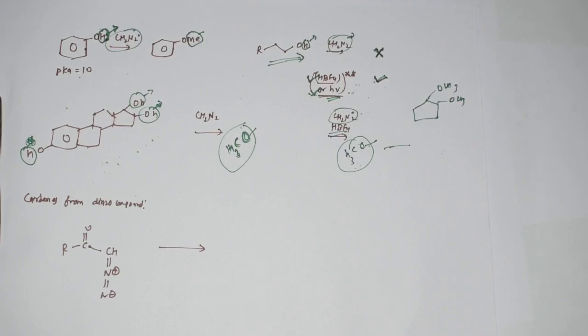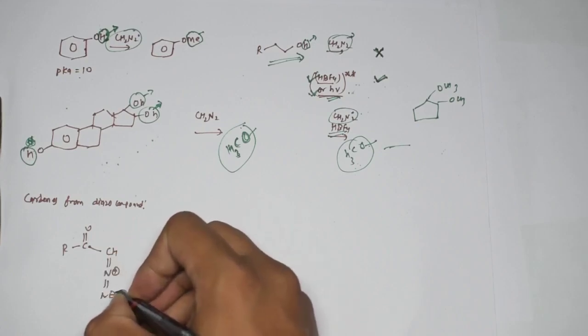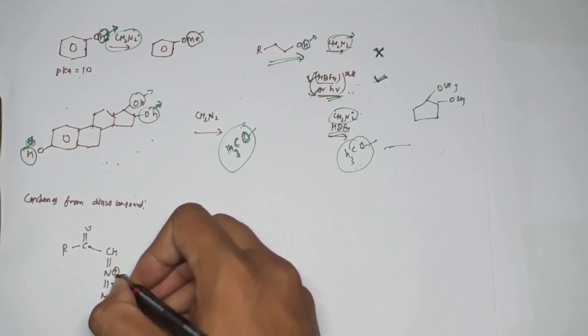Now the question is how we can generate the carbene from this diazo compound. That is also a very important thing. Let's understand how we can generate it. If we have something like this, then this negative charge will shift over here, like this.